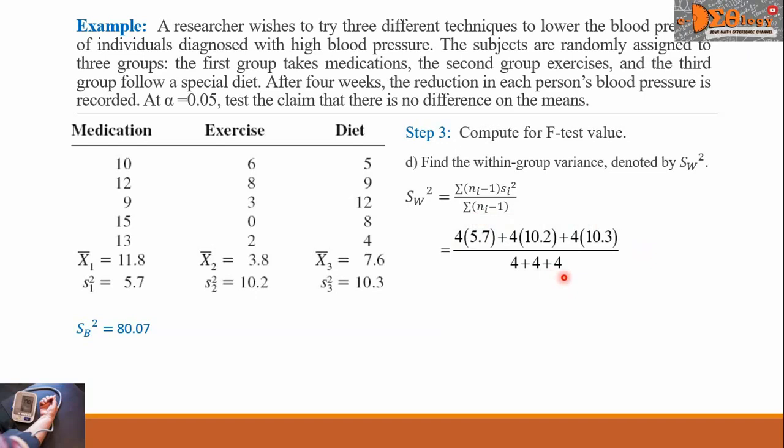Simplifying the numerator and denominator respectively, we have 104.80 all over 12. And the quotient here is 8.73.